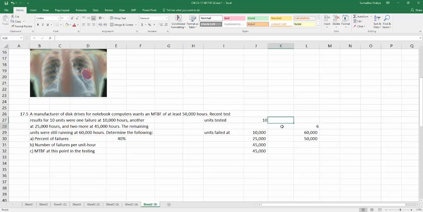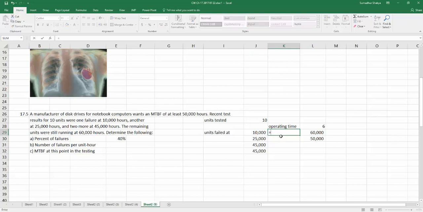So let us focus on the operating time. So this unit failed at 10,000 hours. So it operated for this, and I'm going to freeze it so I can keep using this. F4 minus this.